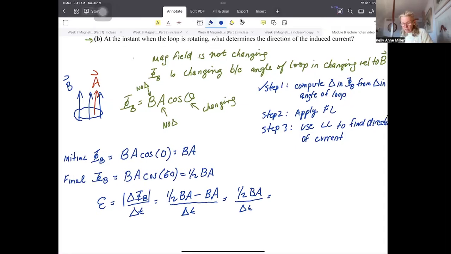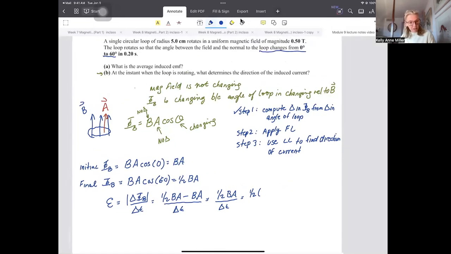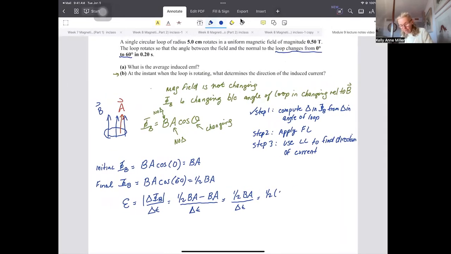So it's half times B, which is half a Tesla, times the area, which is 0.05 squared.